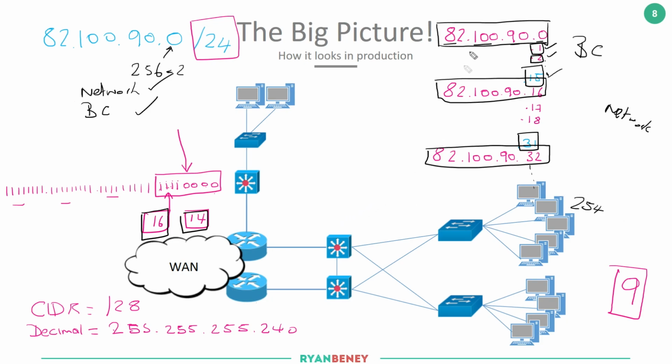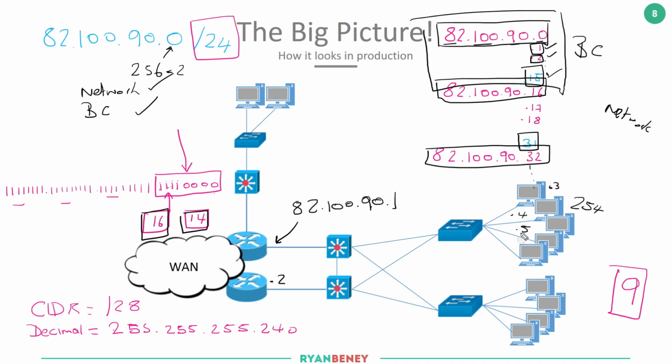And then what we can do with this is take one of these networks that we created, and here we can say 82.190.1 is here, .2 is there. This PC can have .3, this guy can have .4, this guy can have .5, this guy can have .6. And then what we can do is get the next network, which starts with 16.